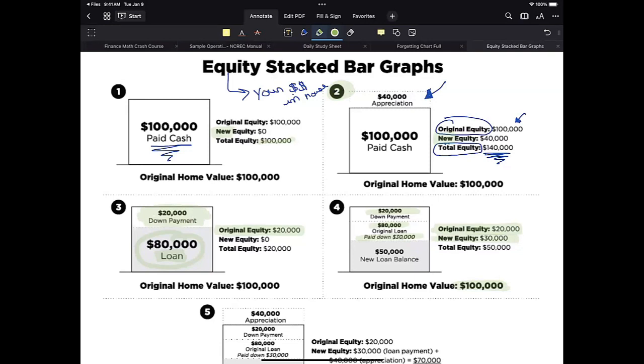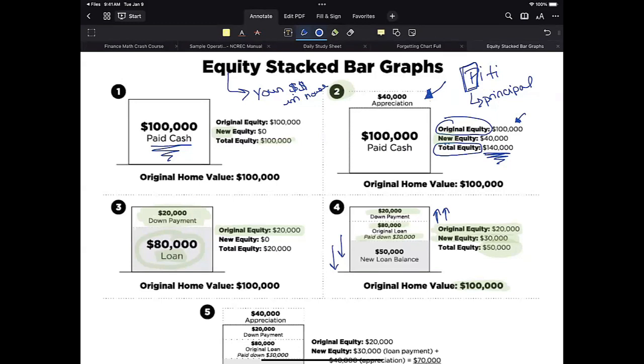So your total equity at the end of the day would actually be $50,000. You started with 20, but then you paid it down by 30,000, so you have 50,000 in equity. And that's what happens every time you make a mortgage payment, a PITI payment. Even though it's PITI, every payment is going to have this principal. And that makes your balance go down so that your equity goes up.